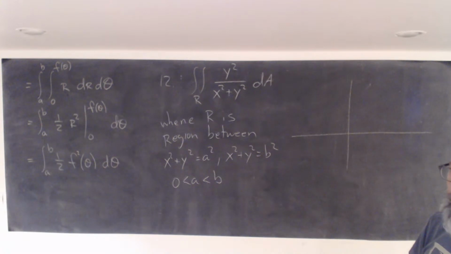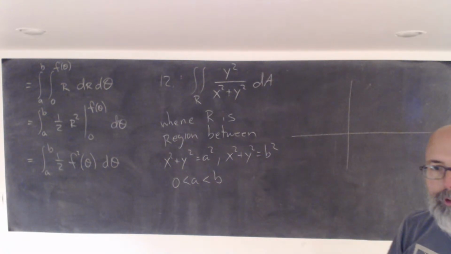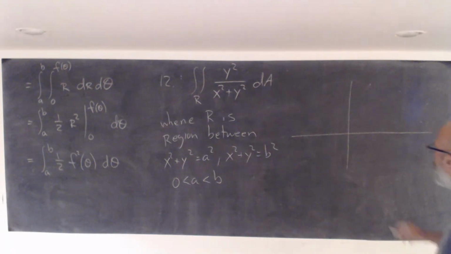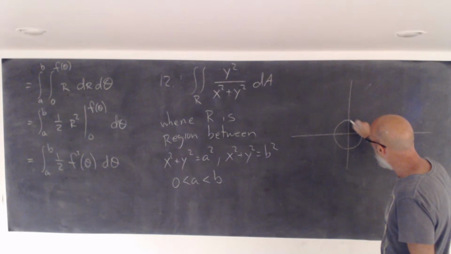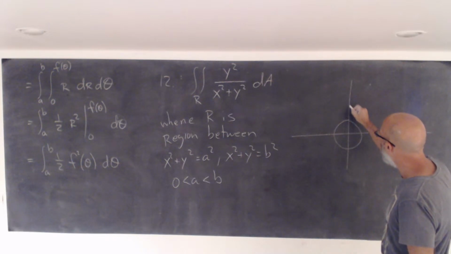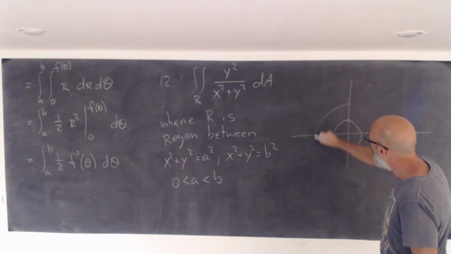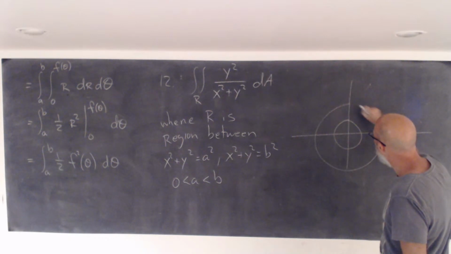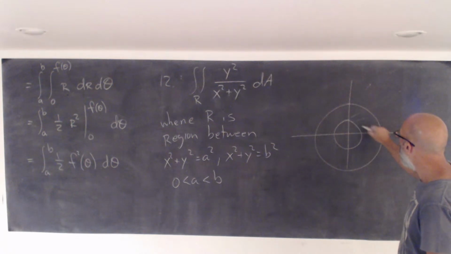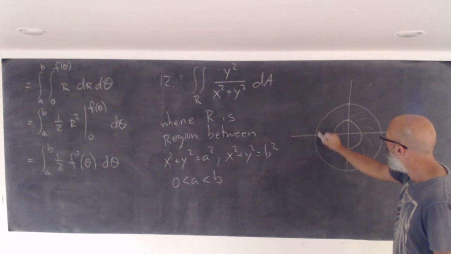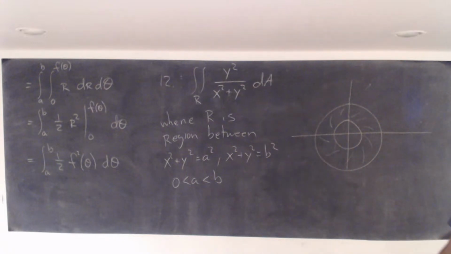One of radius A, the other one of radius B, where A is the smaller of the two. So one small circle and one larger one. And we are integrating over the region between the two.